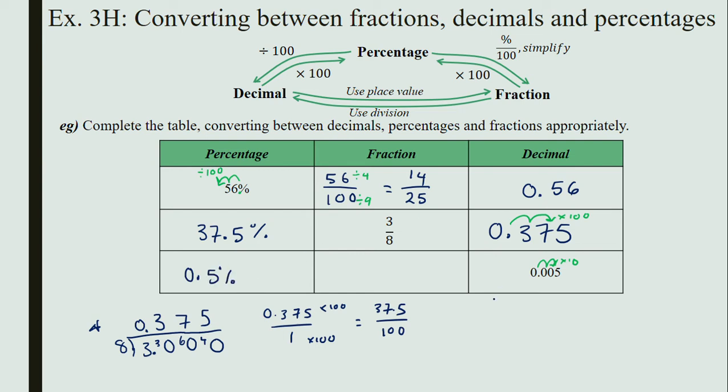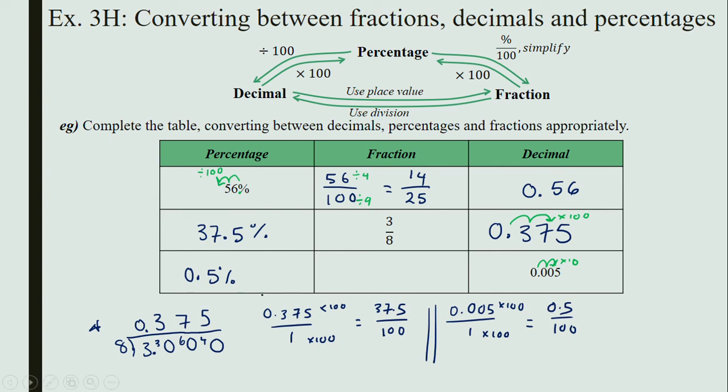Now we could also, if you prefer this method, multiply the top and the bottom by 100 to give us 0.5 out of 100, and there is our percent, 0.5 for each 100, and put the percentage sign after it. Okay, this percent is the same as saying out of 100.